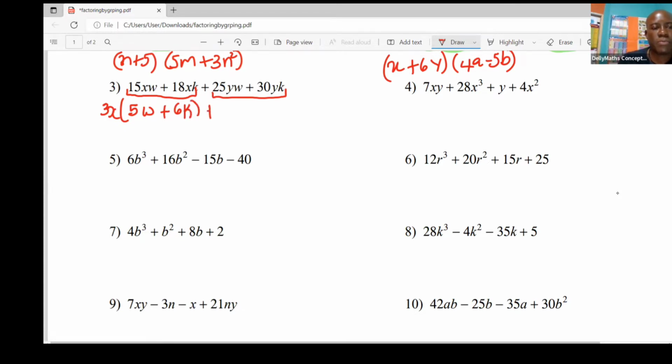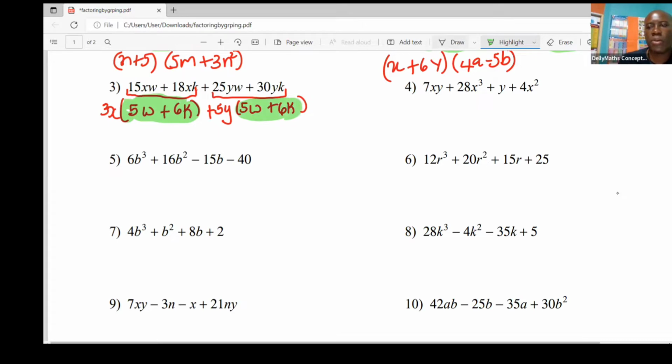Then I'm going to use positive 5y. When I divide this, 5y into 25yw, we're left with 5w. 5y into 30yk, I'm left with 6k. We're done. Again, if we check, you'd see that this bracket is identical to this bracket.